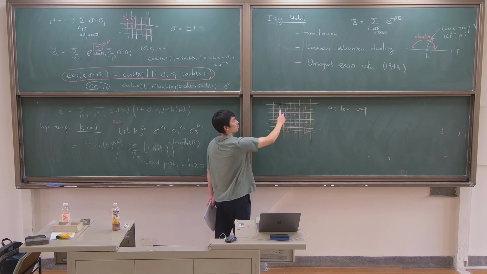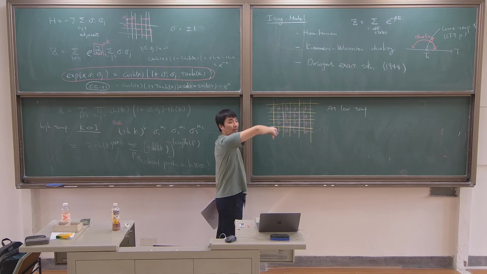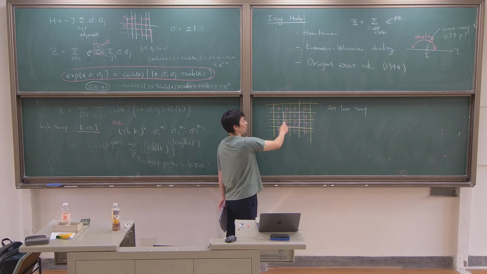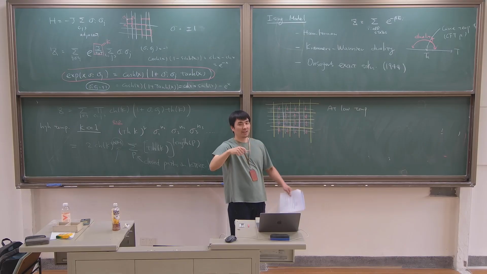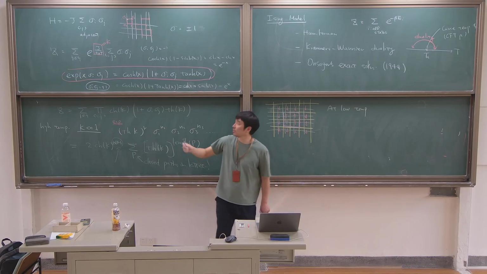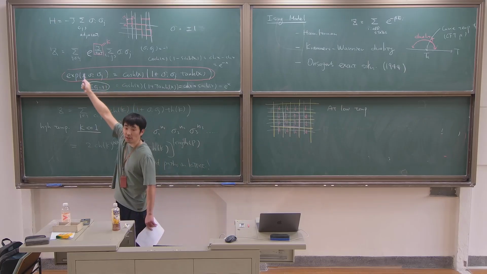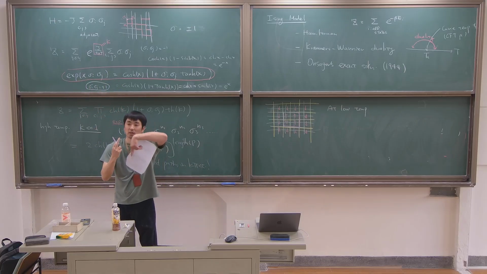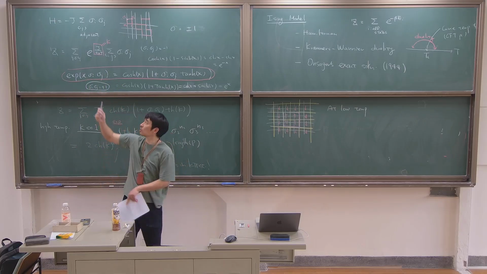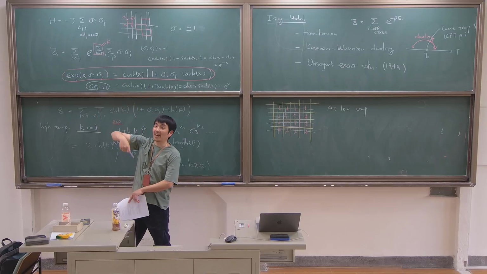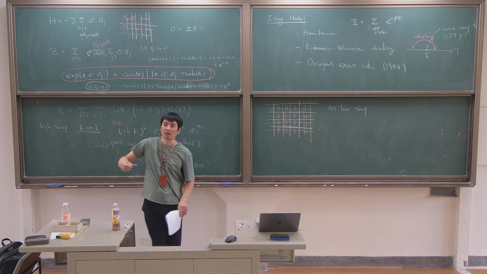Inside this purple region is spin up, and the other part is spin down. So only this purple boundary gives a contribution, which is negative in the Hamiltonian, because spin up next to spin down gives a negative contribution, an excitation to the Hamiltonian.